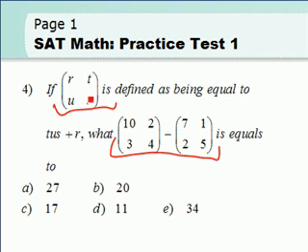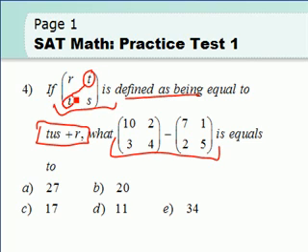Alright, so let's see what this expression is defined by. They give us the formula over here. It's defined by this formula. T times U times S plus R. So it's T times U times S and then plus R at the end. So using this formula, we're going to evaluate this expression over here.